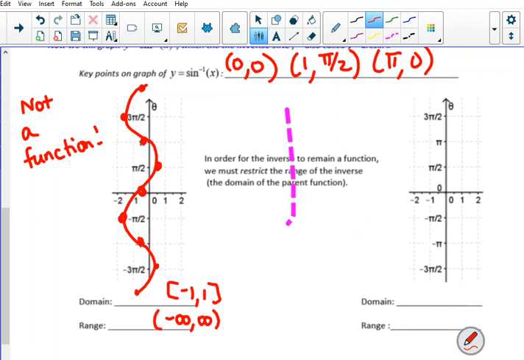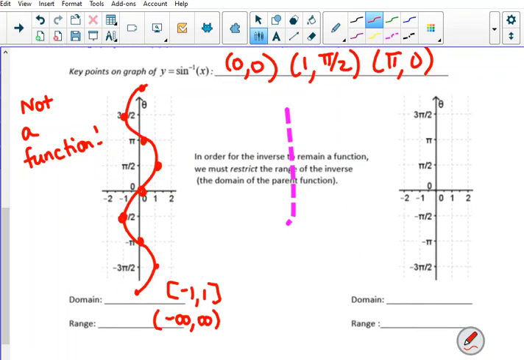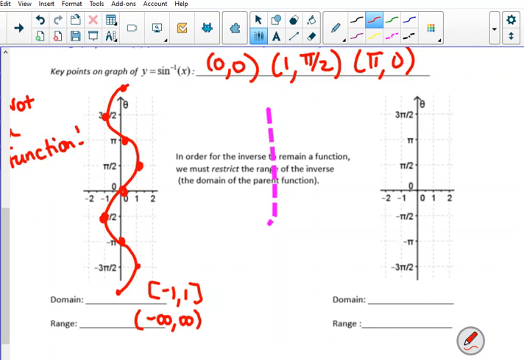We talked in class that mathematicians decided one chunk would represent the whole curve, a chunk with the exact same domain but a restricted range.